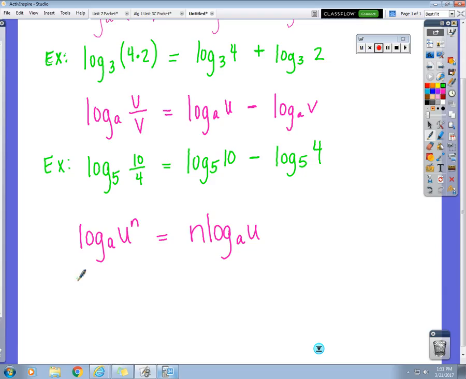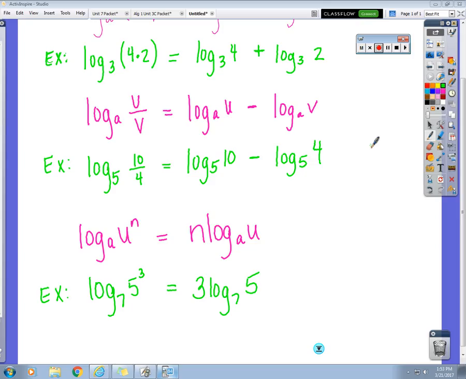So an example of that would be if you have log base 7 of 5 to the third power. In expanded form, it would be 3 log base 7 of 5. Okay, and you can also type in those. Type in this one in the calculator, and then type it in this way in the calculator.